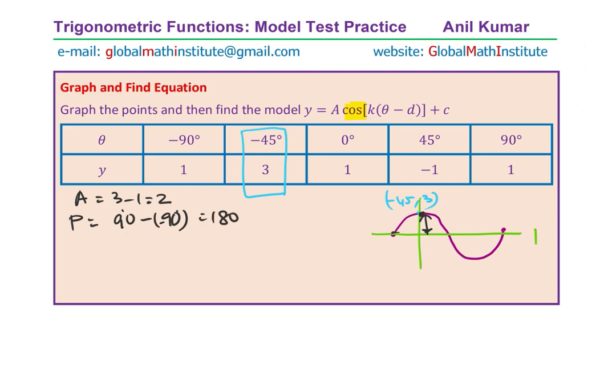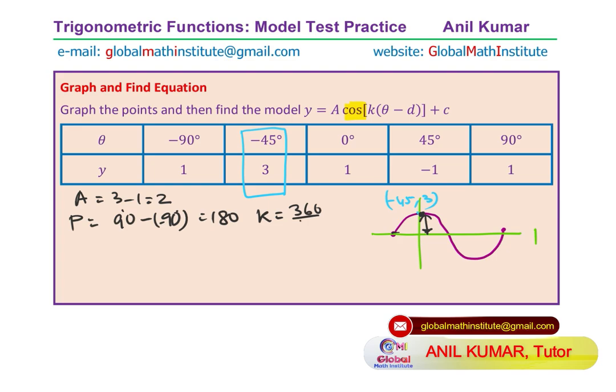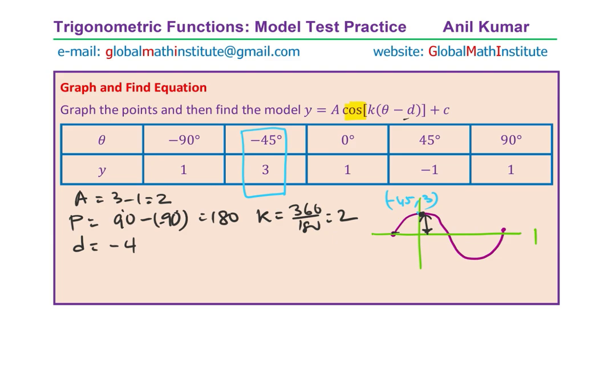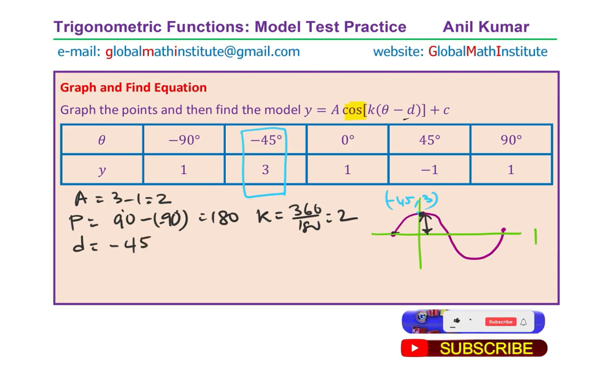That gives you the value of k as 2, 360 by 180, so k is also the same. However, the phase shift, which is d in this case, is now minus 45, since we have a maximum at minus 45. Is that clear to you? And the value of c is clearly 1.